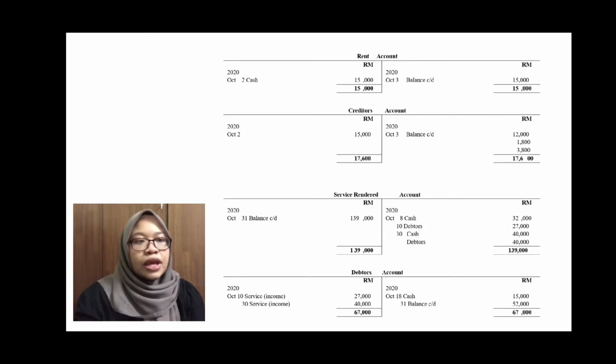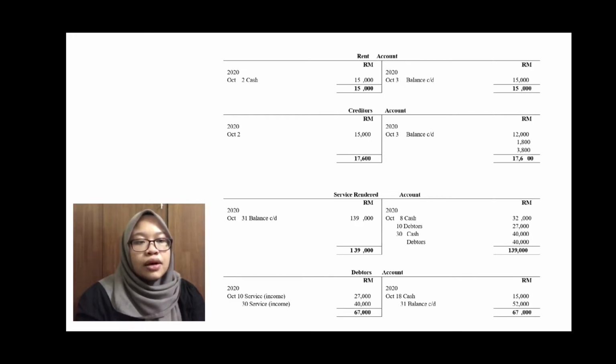70,600 ringgit. In the service rendered account, on 31 October the balance is 139,000. In October, on 8 October they have cash, 10 October debtors, 13 October cash, and 13 also debtors, and it becomes 139,000.